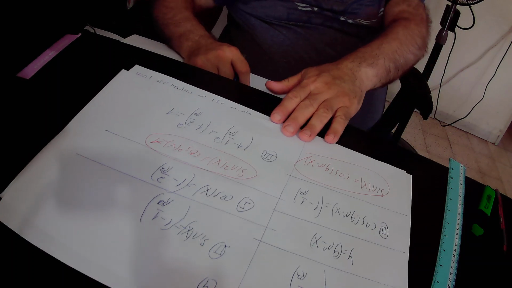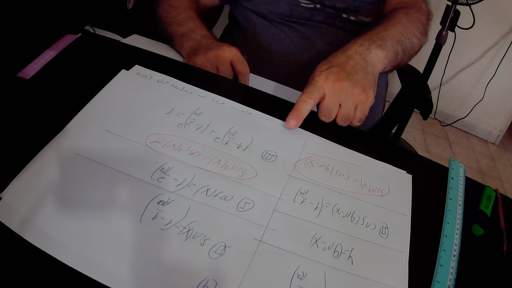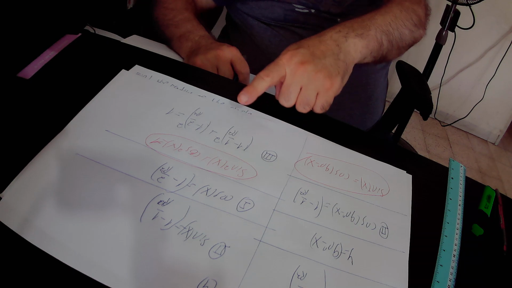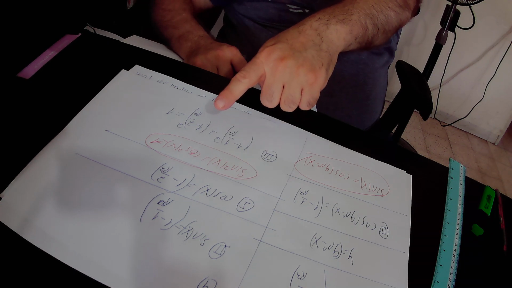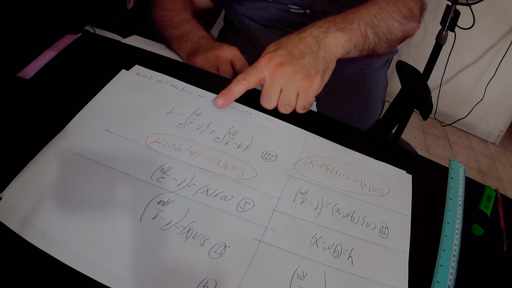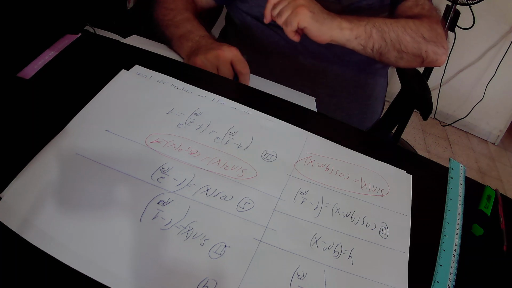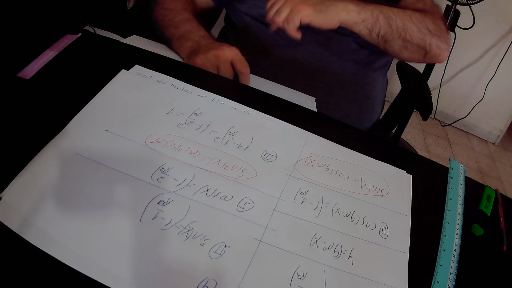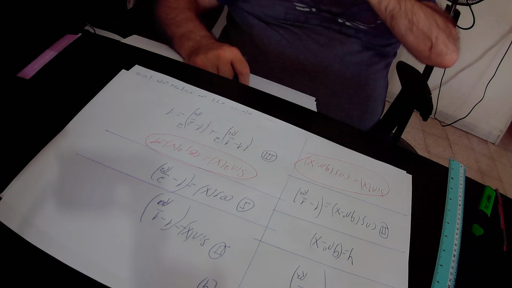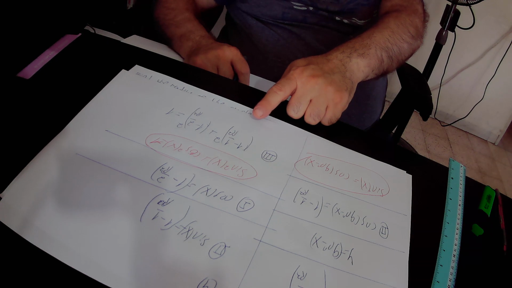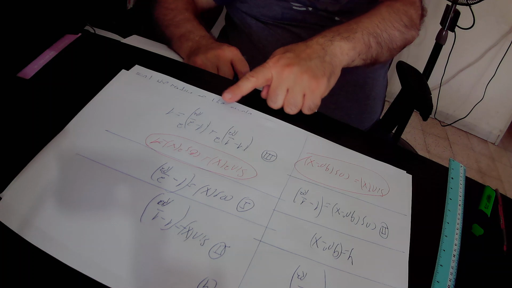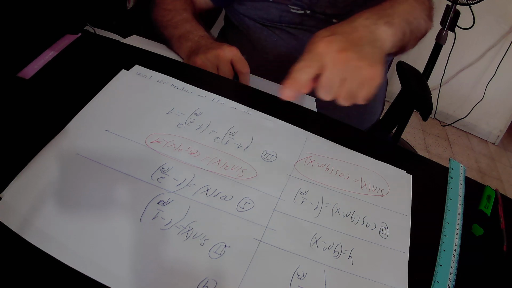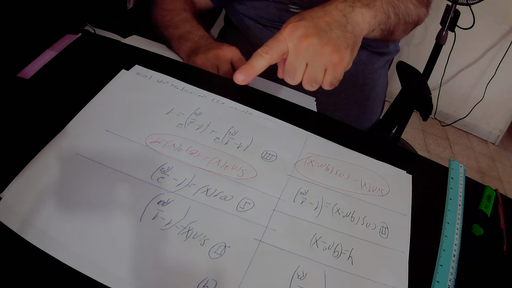Okay, so in equation 3 we substituted sine x in this trigonometric identity by 1 minus 1 over R squared, and cosine x by 1 minus 2 over R squared.